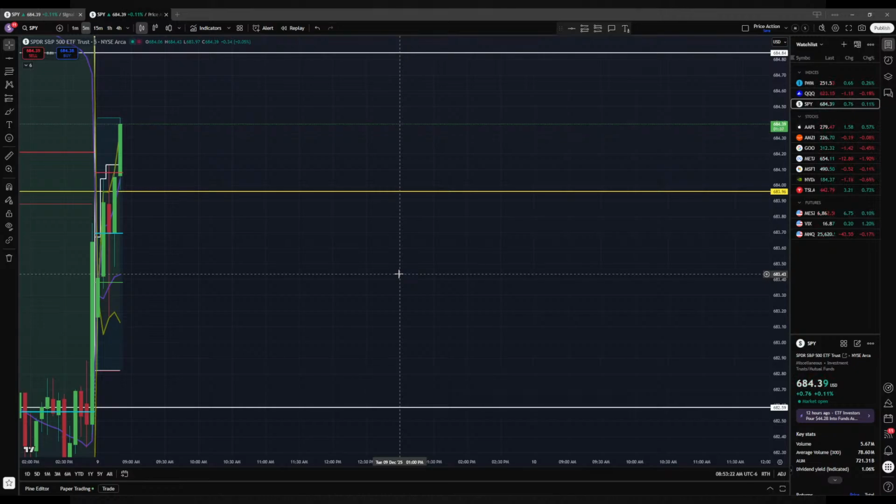All right, so 1:40 left. Now let's see if it keeps going higher, if it pulls back. I would love it to pull back before I enter, so I get a better price.